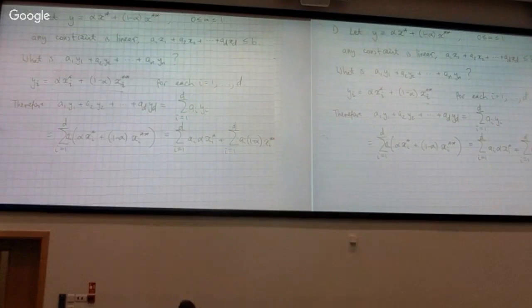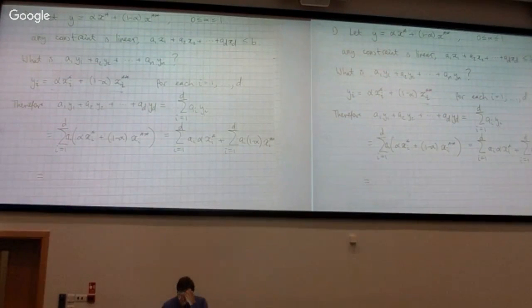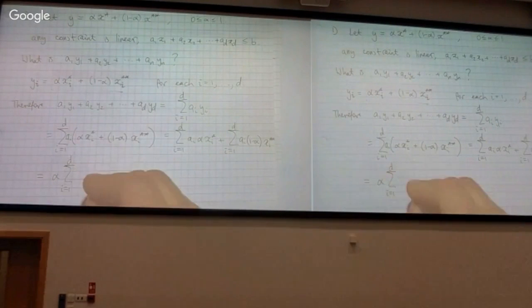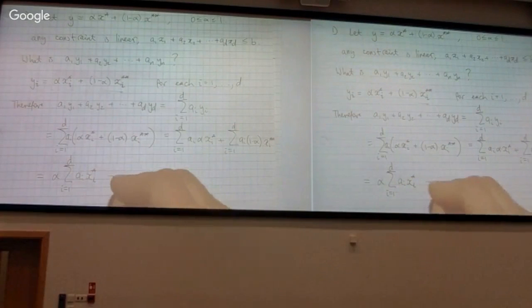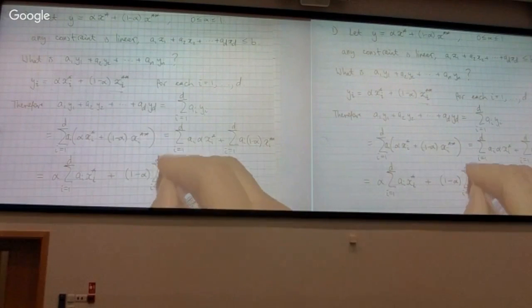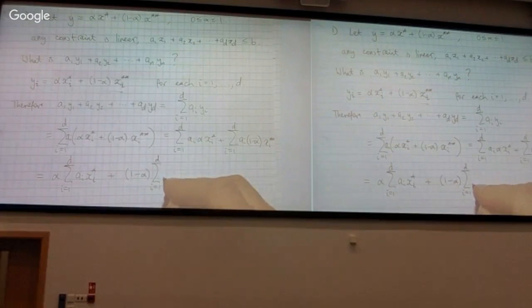And in those two sums, I can take alpha and 1 minus alpha out because they are constant within the sum, and I get alpha times this plus 1 minus alpha times the sum from 1 to d with x double star.